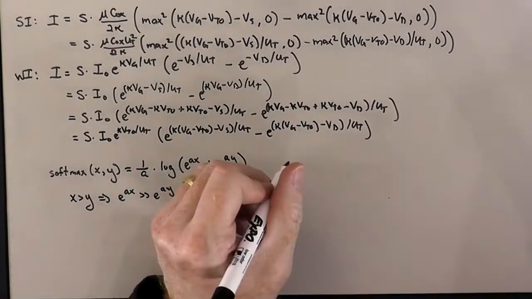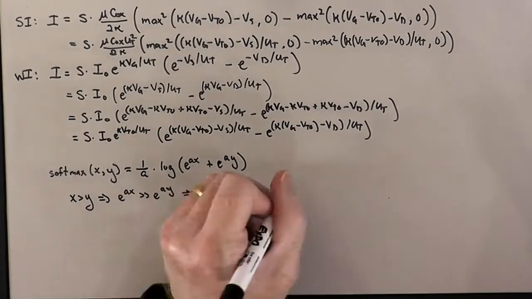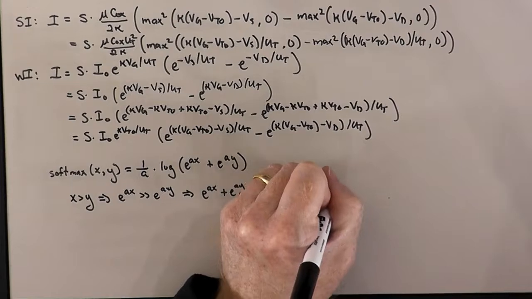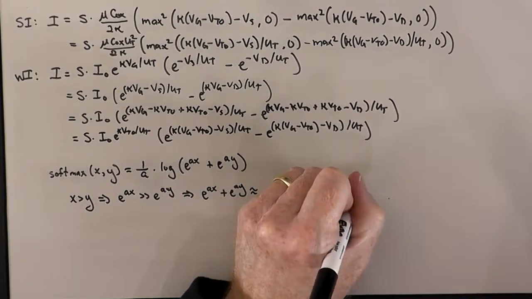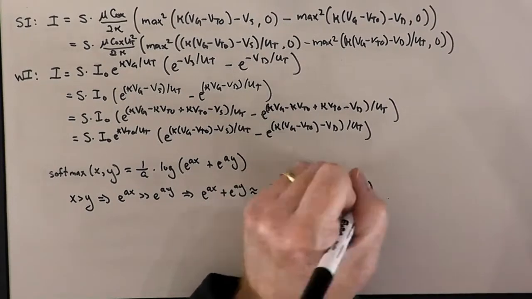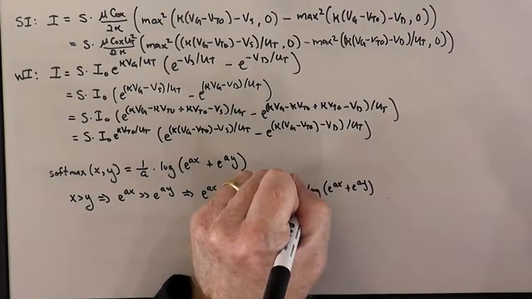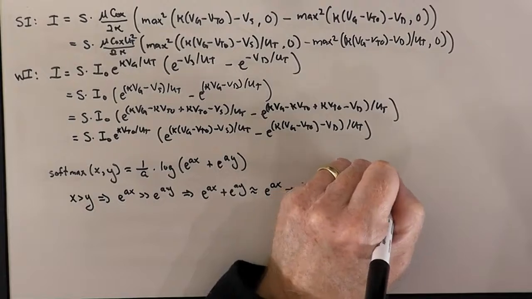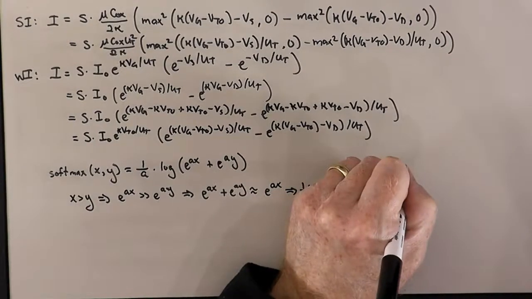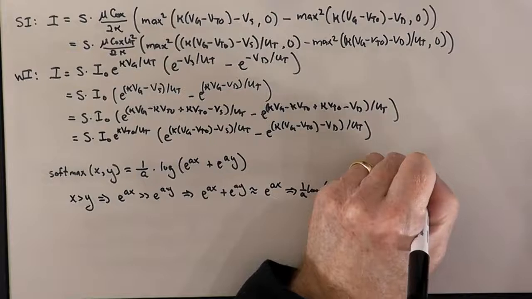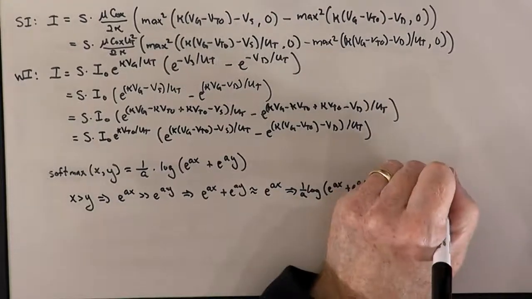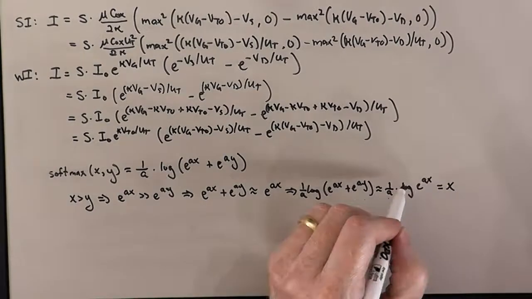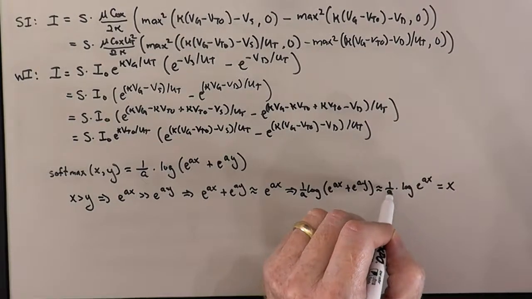Well, that means that the log of e to the ax plus e to the ay times 1 over a is going to be approximately 1 over a times the log of e to the ax, which is just equal to x. So log undoes the exponential, the ax pops out, and we have 1 over a canceling with a.